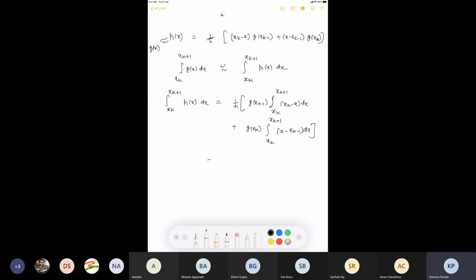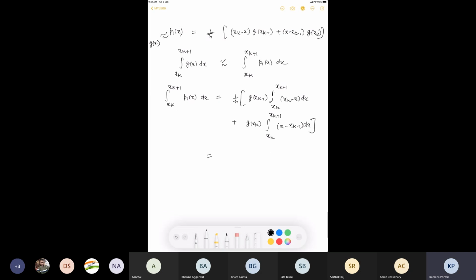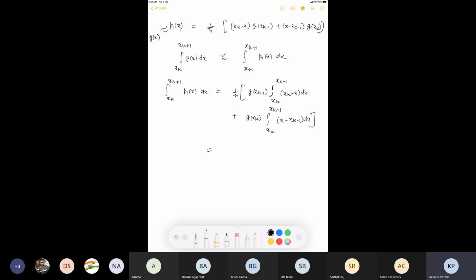Okay, and you can simplify this. This is a linear polynomial, so you can integrate it and substitute the limits. I'm just writing what you get upon simplification. So we get this as 1 by h. This is going to come out to be minus h square by 2 g at xk-1, and then this factor will come out to be 3h square by 2 times g at xk.